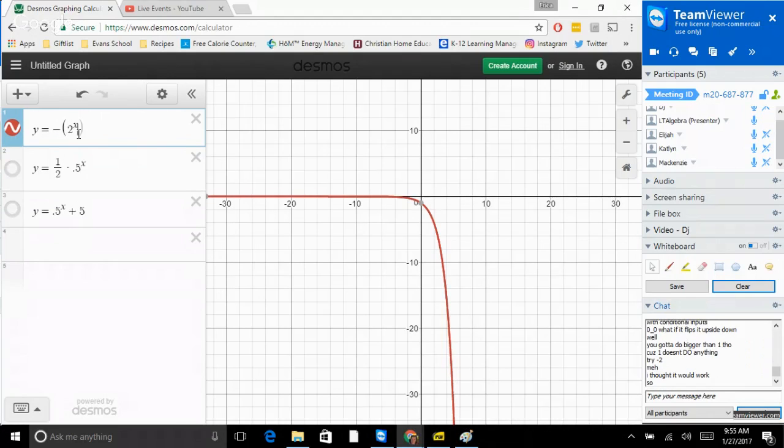Because the 2x is being negative, the negative isn't inside the function. So you can actually flip the graph by making it negative. That's like reflecting it over the y-axis, right? So there is a possibility to do that. So this is actually a growth function that's been flipped about the x-axis.